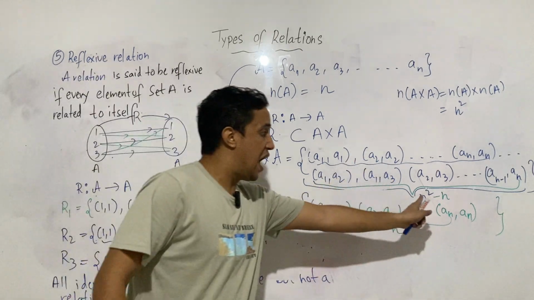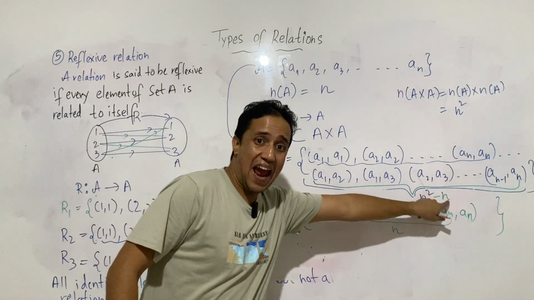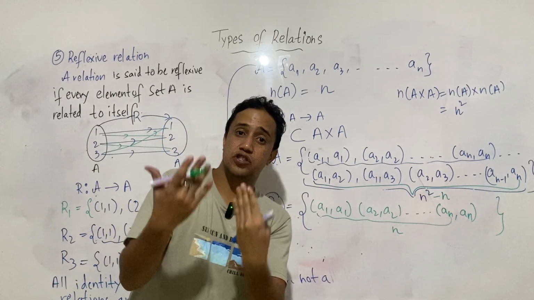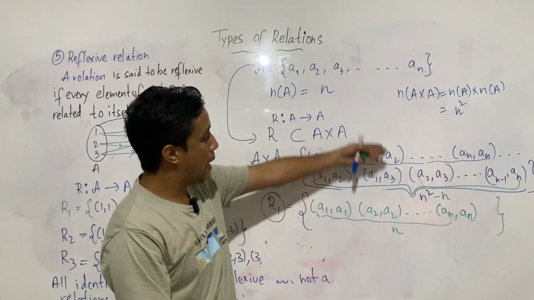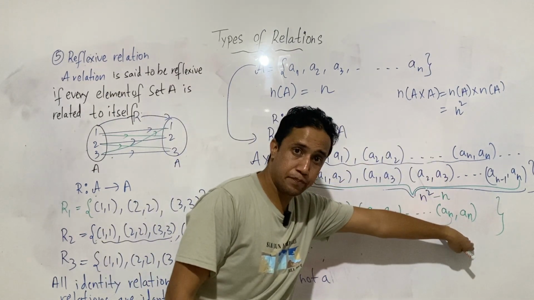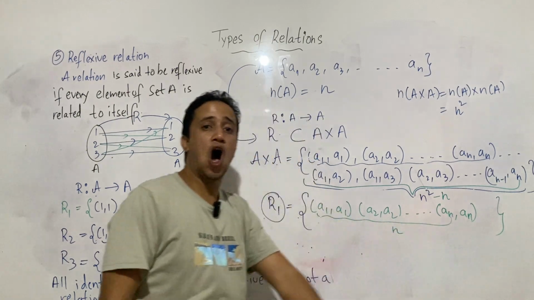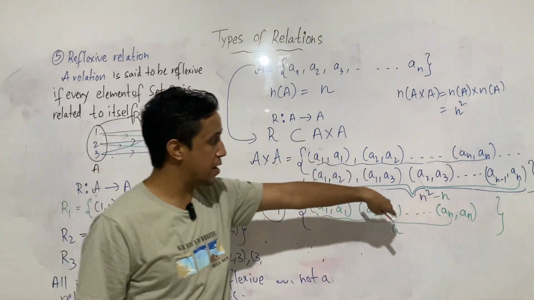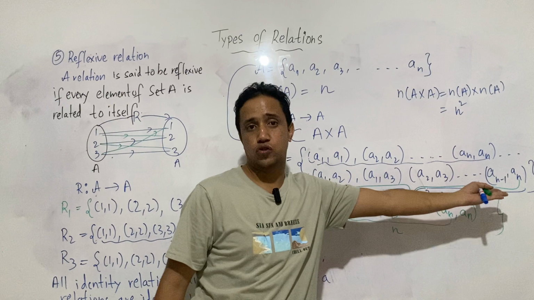Now n square minus n elements have two possibilities. Either they can jump in and make it reflexive, or else they prefer to stay out of it.